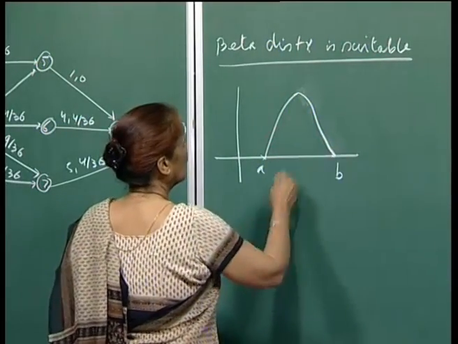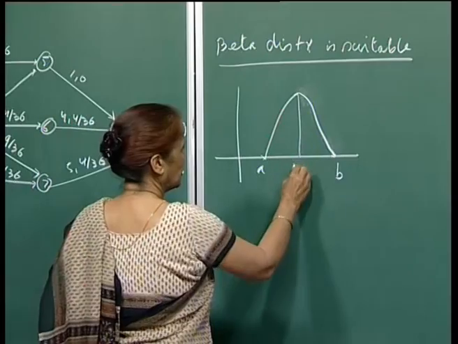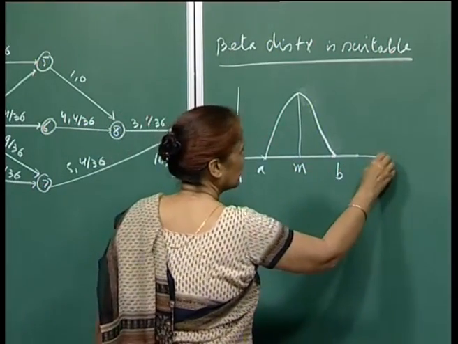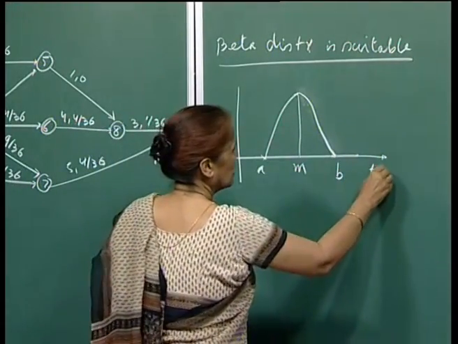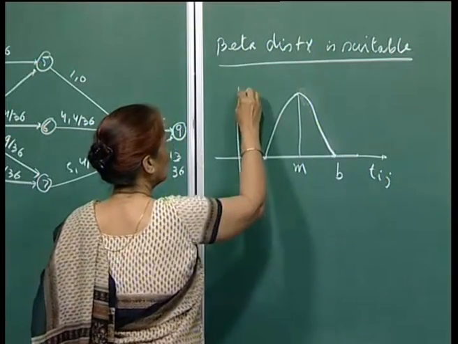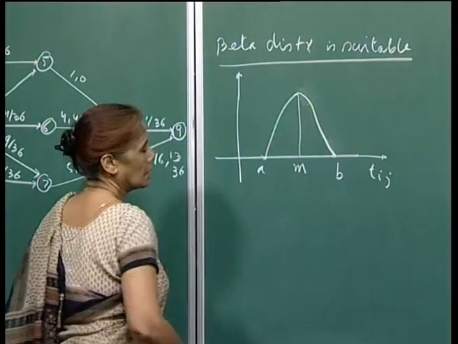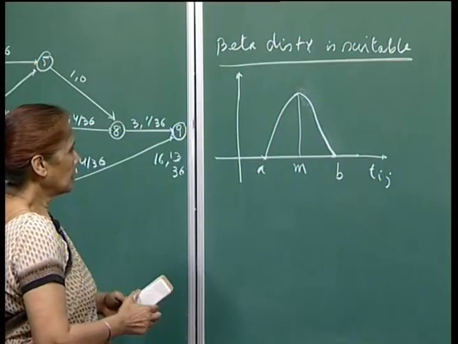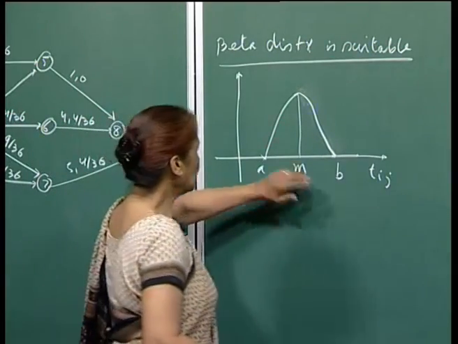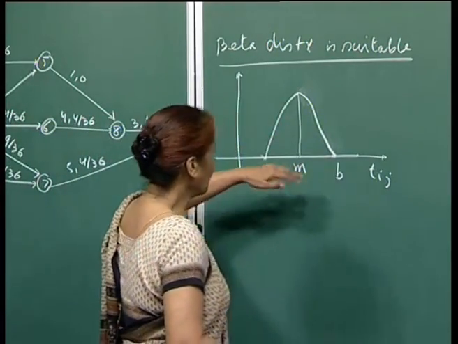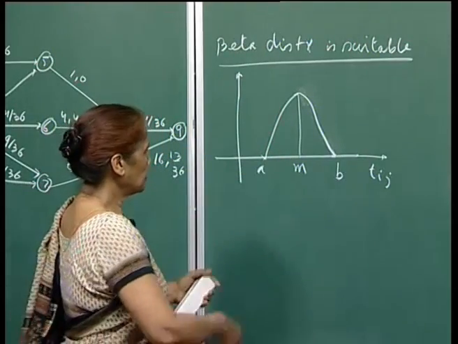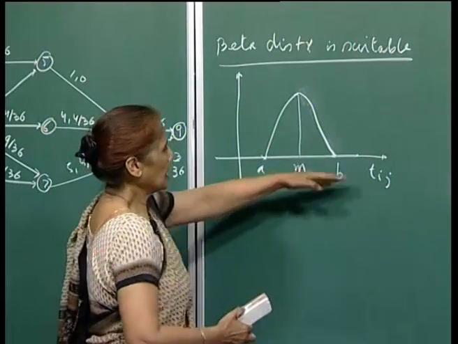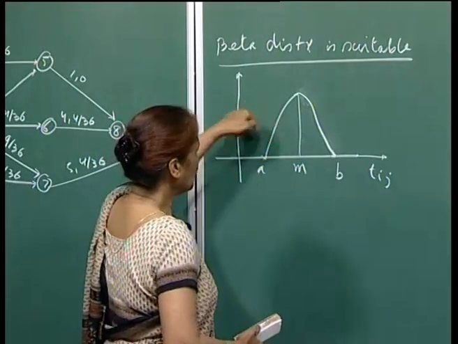Something like this, and this will be your M. So, this is your Tij, and this is the time, and this describes the probability of Tij taking a certain value in this interval. So, this describes the curve.